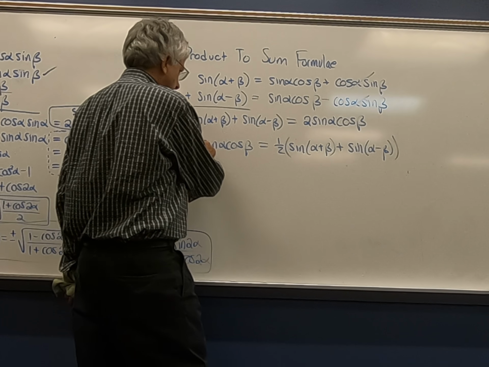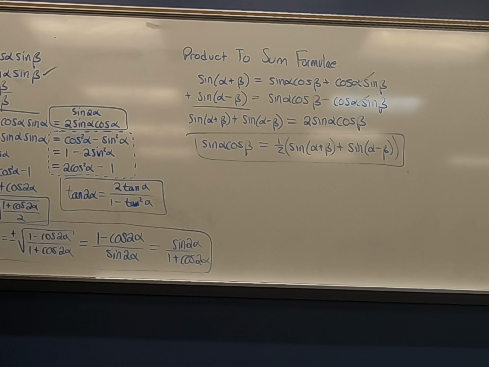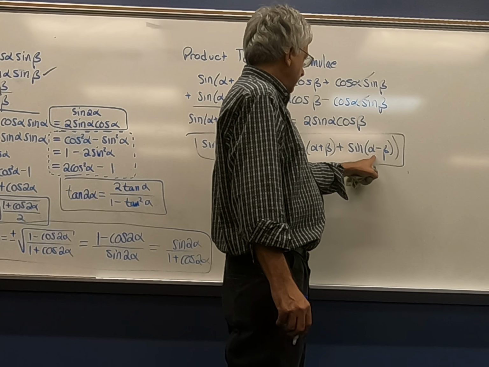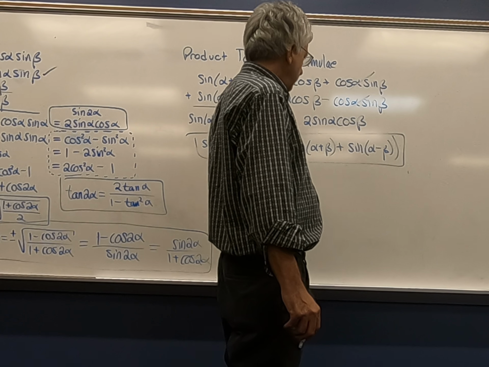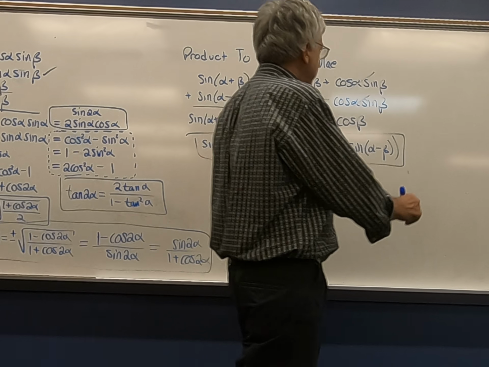So there's an identity. So why would that ever be useful? Well, suppose alpha and beta are very close to the same thing. Then this is going to be very close to 0, which means, well, think of it this way.